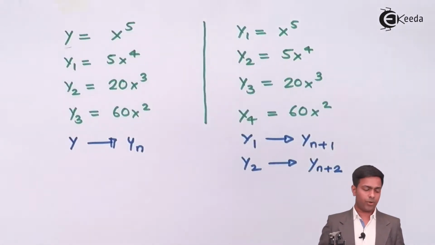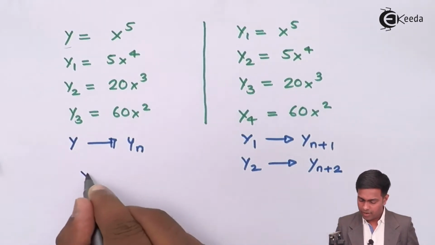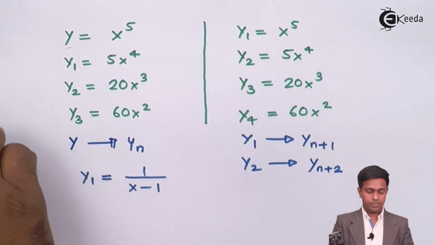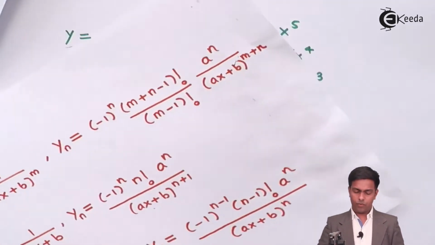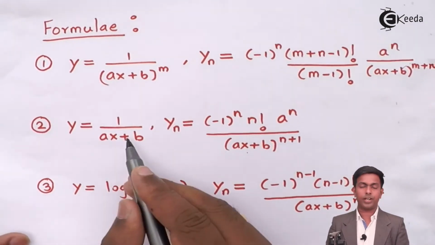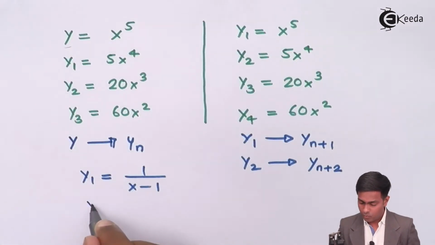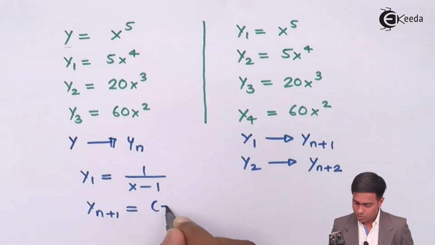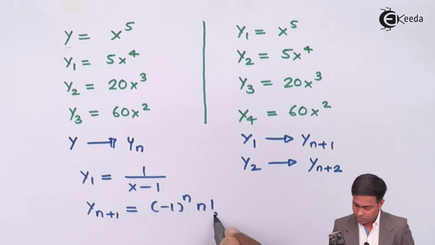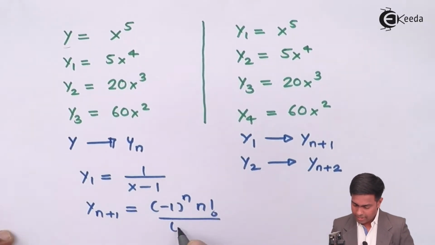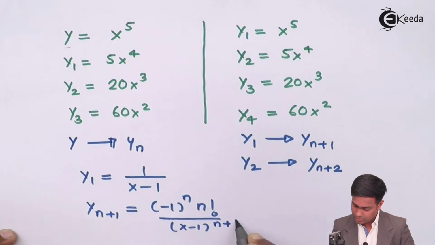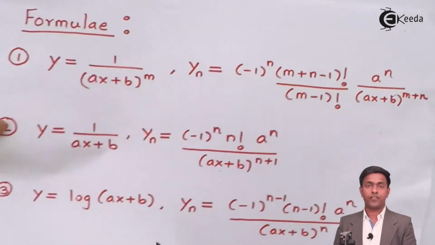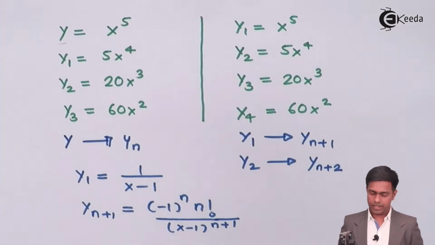So let's take one scenario. Right now, the value of y1 is 1 upon x minus 1. If I use this formula to find the nth derivative, I will get y of n plus 1 as minus 1 raised to n into n factorial upon x minus 1 raised to n plus 1. So the nth derivative has shifted to the n plus 1 derivative.